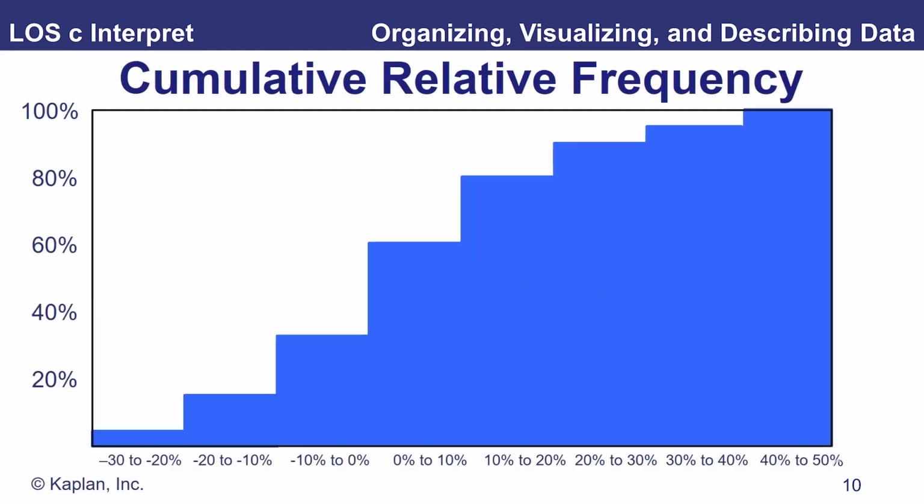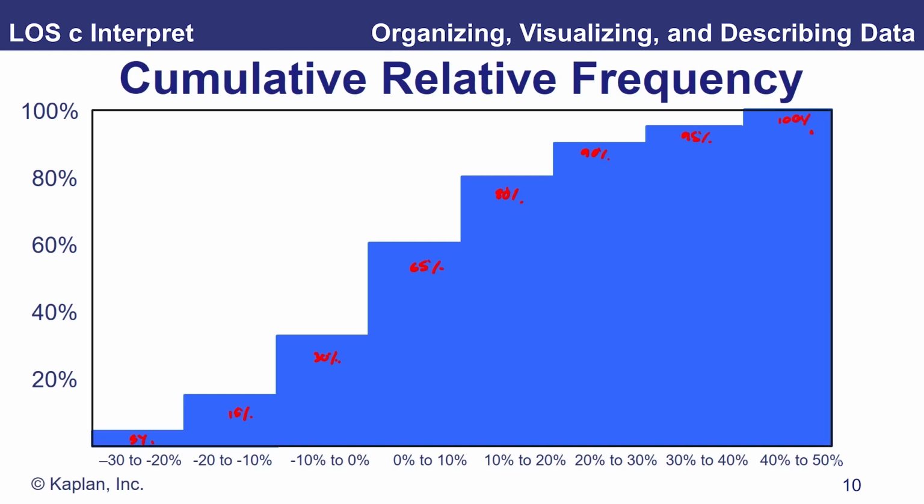We can do the same things with our cumulative frequencies. So our cumulative frequencies, which were 5%, then went 15%, then went 30%, then went 65%, then 80%, then 90%, 95%, and 100%.